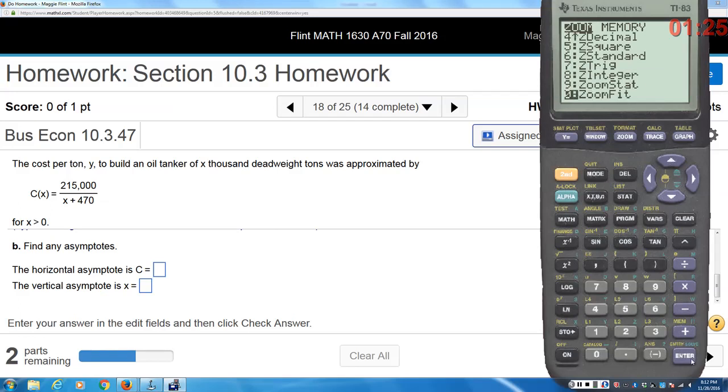You just go to zoom and then go to 0 fit and see what it shows me. And so this is what I see. So in that window, it basically stayed positive. Let me see if y does go to a negative number. Let's go down to negative 500 and up to 1,000 and see what we see.